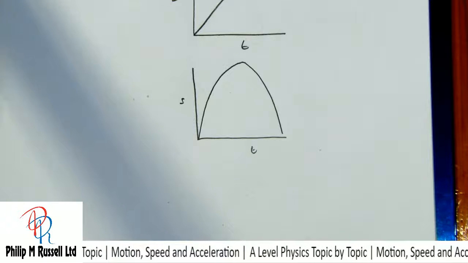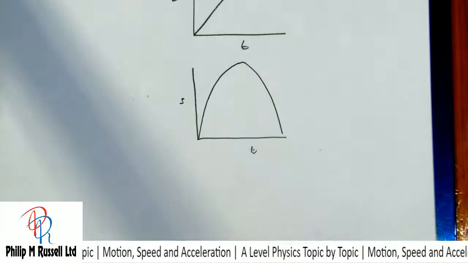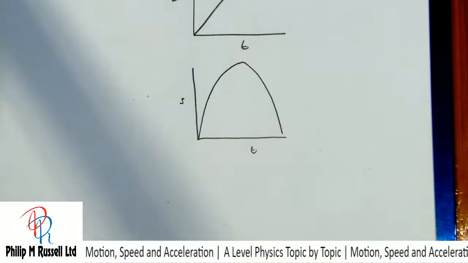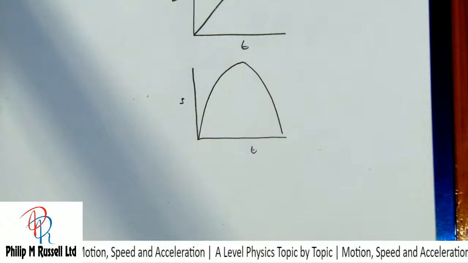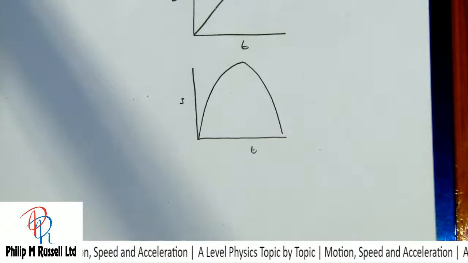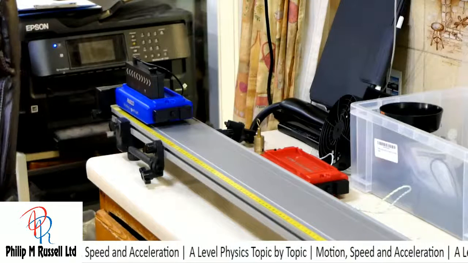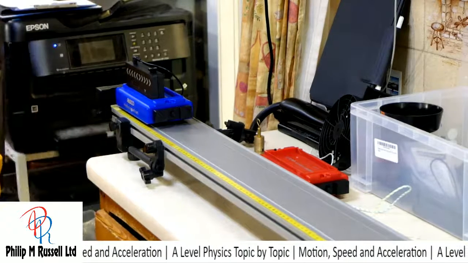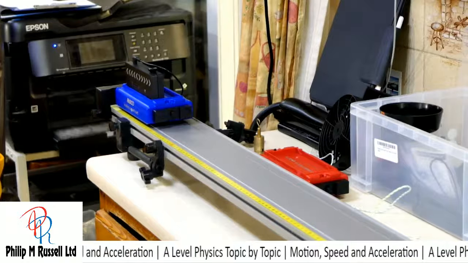Trying this with the real trolley is a much more frightening prospect of an experiment, but we can achieve this. What I'm going to do is look at the trolley, and throw it up and down, and we're going to see if we can watch the software record this.